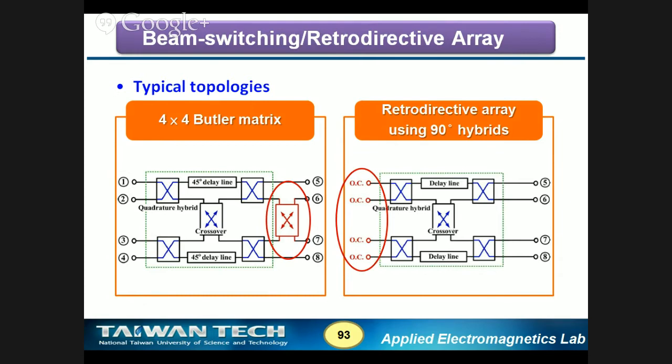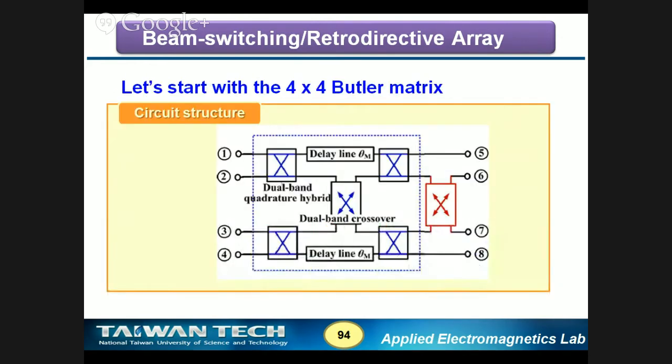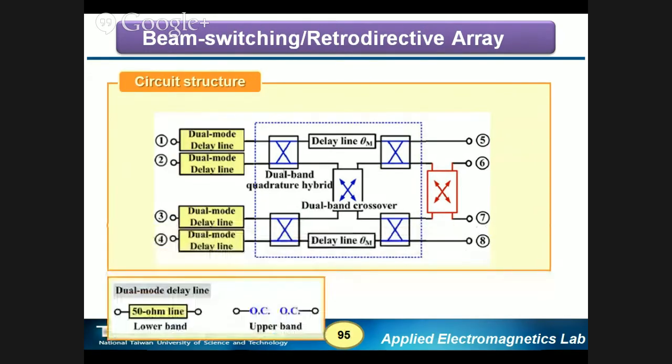So what would be the case if we would like to combine the feeding network of the two as a whole? It's simple. Let's start with a 4x4 Butler matrix. First of all, is it possible to replace these lines with dual mode delay lines?